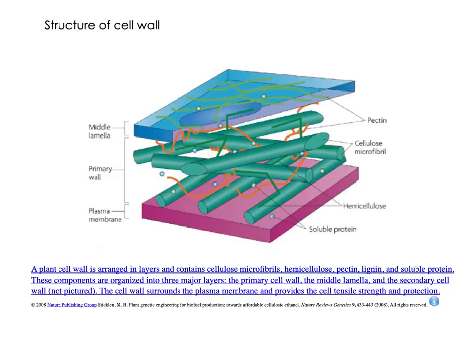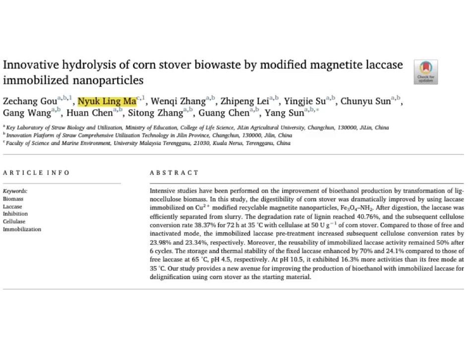Lignin acts as a protection wall to prevent any chemical from entering the cell wall to digest the cellulose.